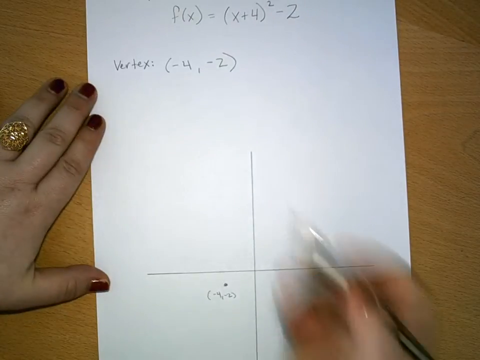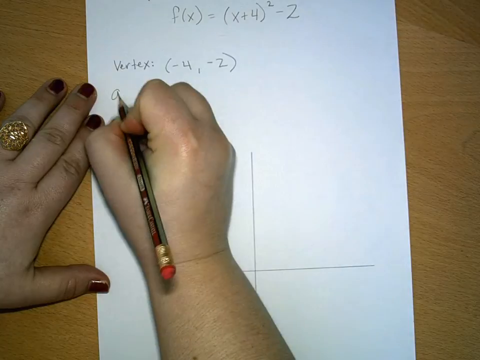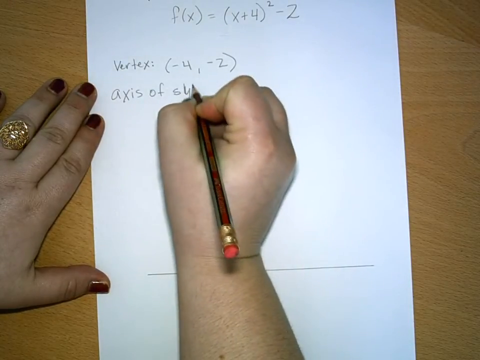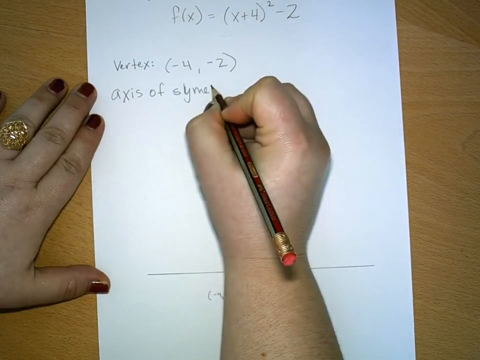The next thing that we know about parabolas is that they're symmetric. And that line of symmetry is called the axis of symmetry.